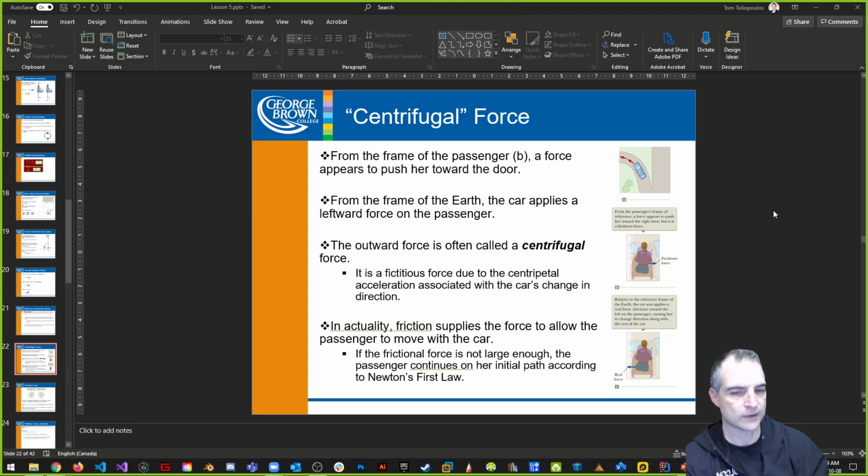So since you're inside the car, and if we suggest that you're not a particle, and let's say you're not 100% tied to the car, you will feel a fictitious force inside the car towards the outside of the circle, pointing away, and that's centrifugal force, as you feel drawn outside of the car.